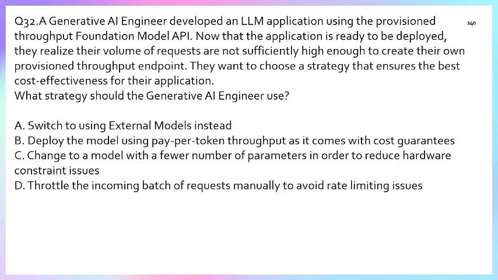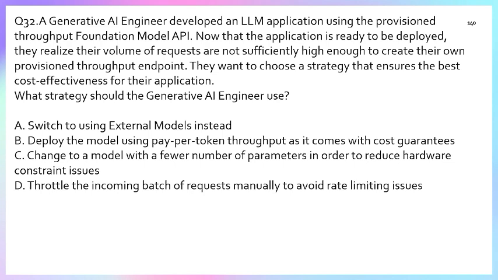Question number 32. A generative AI engineer developed an LLM application using the provisioned throughput Foundation Model API. Now that the application is ready to be deployed, they realize their volume of requests is not high enough to justify their own provisioned throughput endpoint. They want to choose a strategy that ensures the best cost effectiveness for their application.